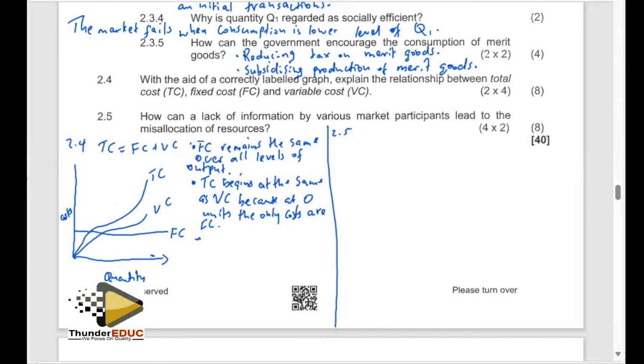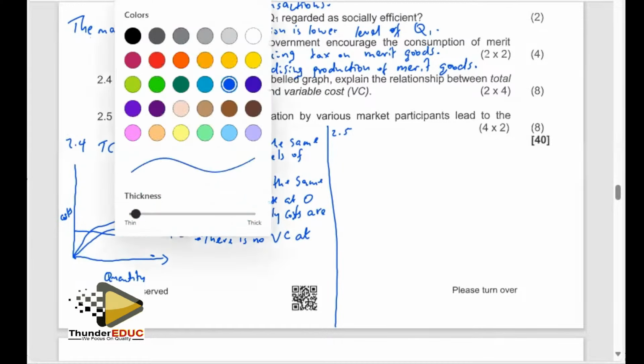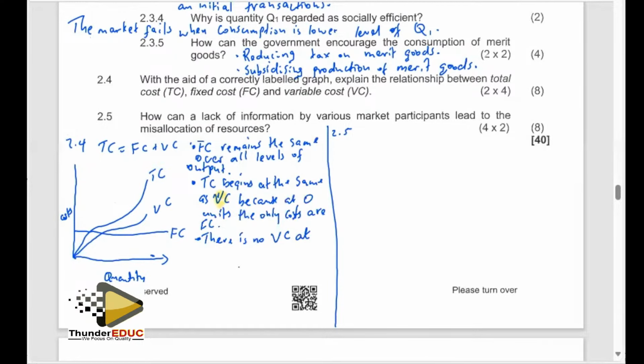So now we are saying that there is no variable cost at 0. It's supposed to be fixed cost. Sorry. Okay.